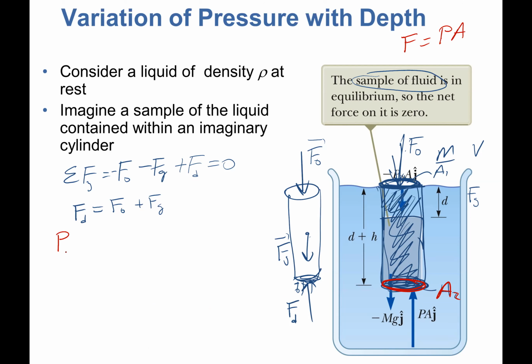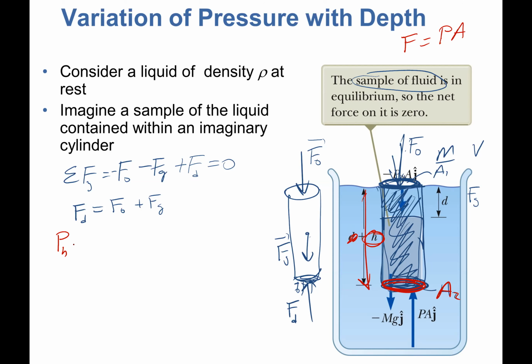That means it's the pressure at that depth. Ignoring this D for now, H is the height of that cylinder. That means the pressure at height H, where area 2 is a height H below the surface.